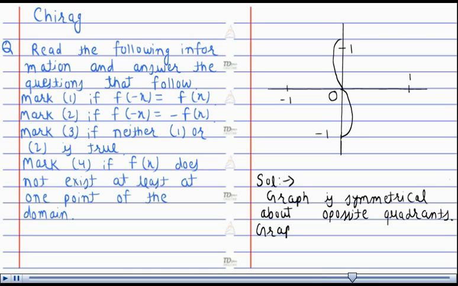And hence the graph is of an odd function. Hence the answer of this question is 2.